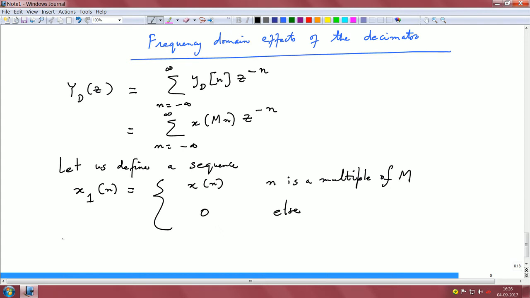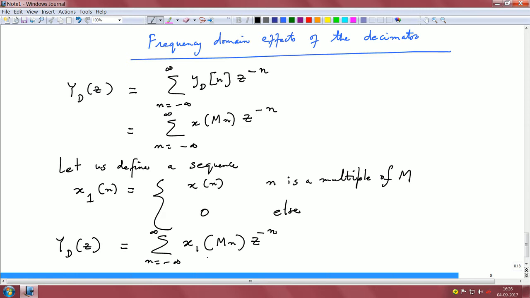Now we can plug this into this equation, the frequency domain transform of the output of the decimator yd of n, which is y suffix d of z, which is summation n equals minus infinity to plus infinity x1 of m times n times z power minus n. So we are fixing those holes at points where they were not multiples of m.